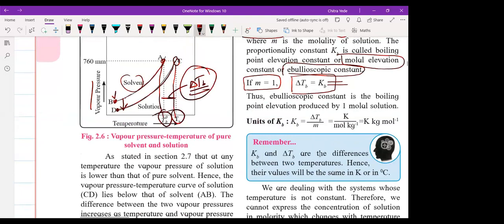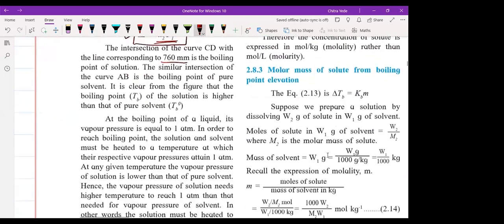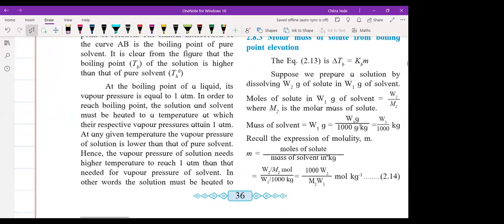What is the formula of molality? Here it is given: molality equals mass of solute divided by molar mass of solute, in kg. Here we have to convert that to kg. So we multiply, divided by 1000, then we will get any gram substance into kg form, right?